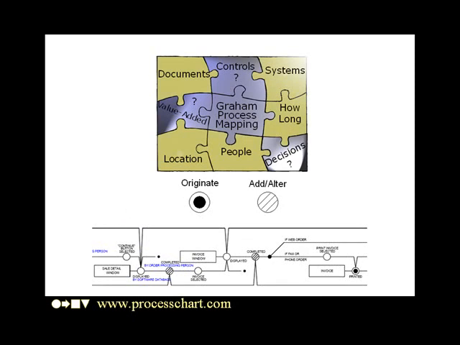Specific symbols indicate value added. The originate shows the introduction of a new record or document. The add alter shows adding or changing information on an existing document. Value added steps stand out on Graham process maps.